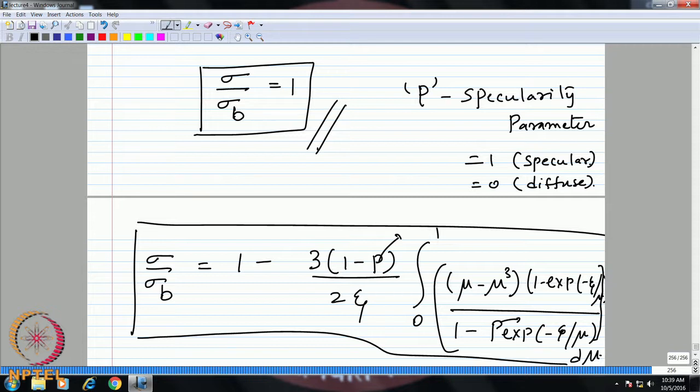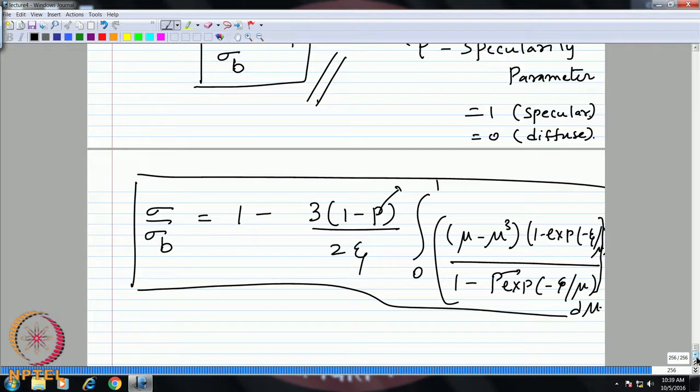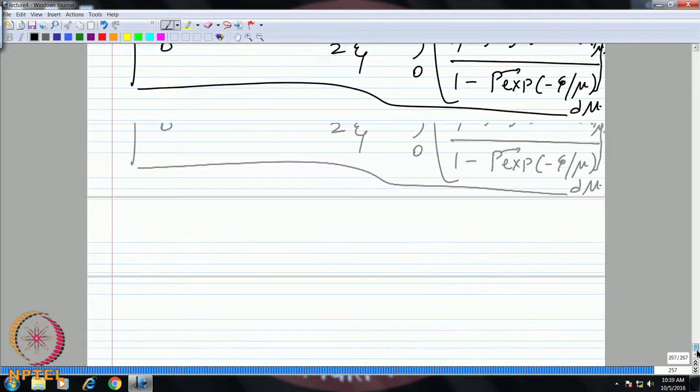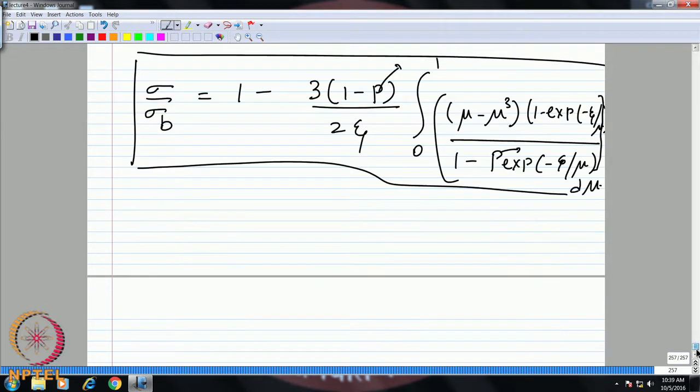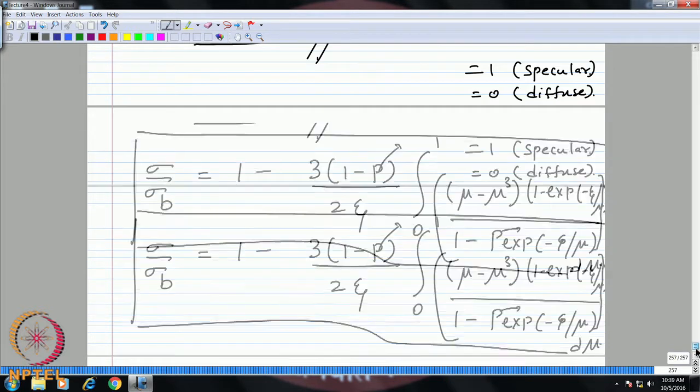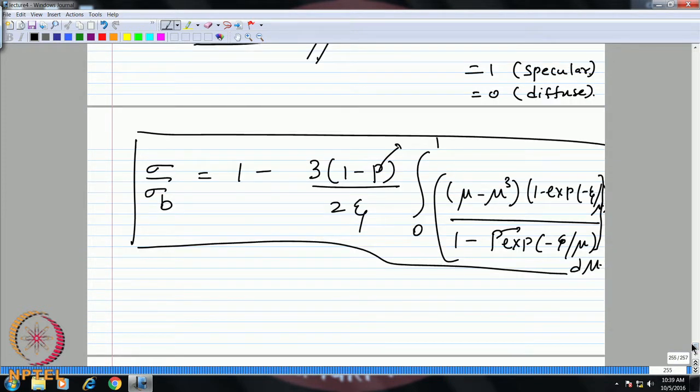So, the last part that I want to, I do not want to derive this because this is somewhat clumsier than the transport parallel to the film and might confuse you. So, what I will do is, the case where transport is perpendicular to the film, I will only give you the final expression and anyway since you are going to do this programming assignment, you will be doing the programming assignment for the transport perpendicular to the film.